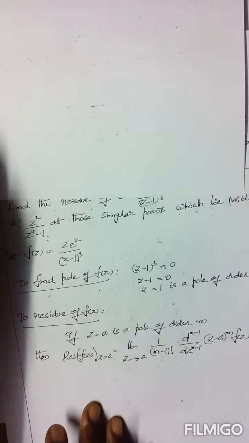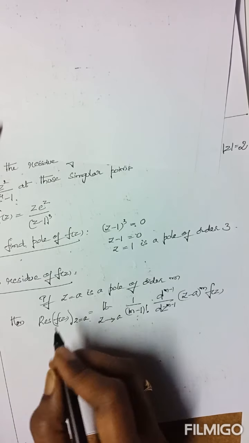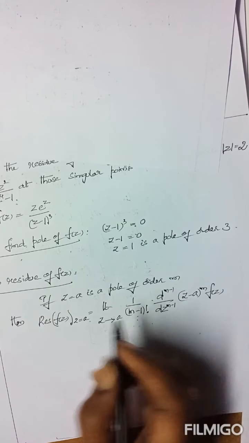This is the formula for the residue at a pole of order m. Here there is one pole, and its order is 3.